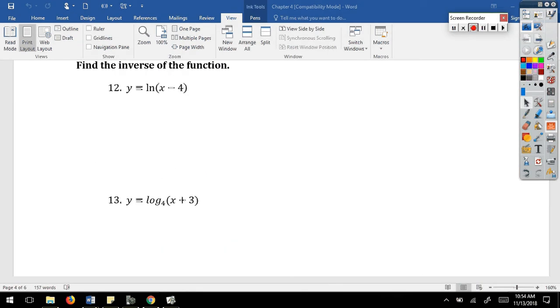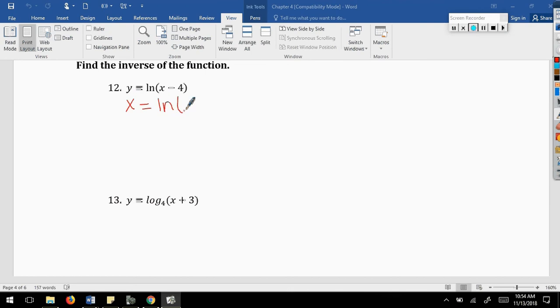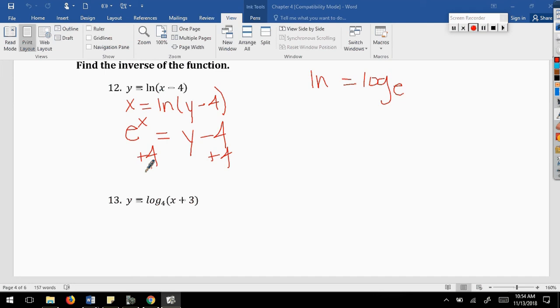So when we find inverses, remember we switch x and y. Make sure the log is isolated and change the form. A natural log is the same thing as a log base e. So to change the form here, I get e to the x equals y minus 4. Add the 4 to both sides, and you have e to the x plus 4 equals y. Same thing for this one, switch x and y.